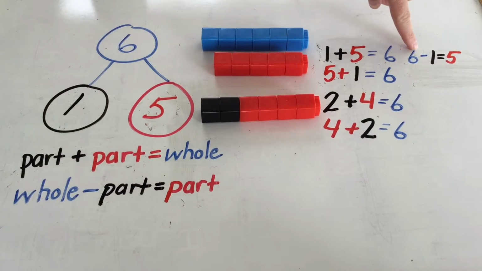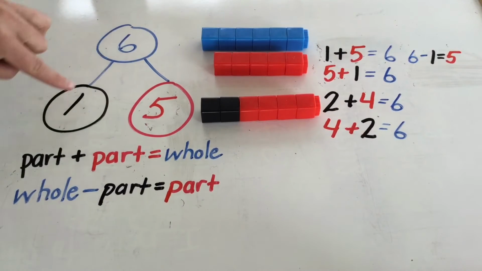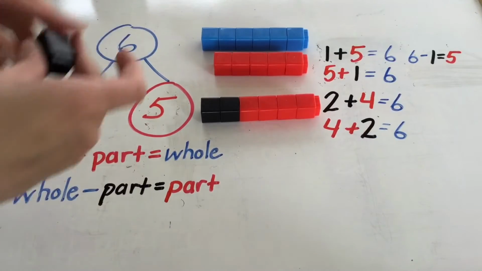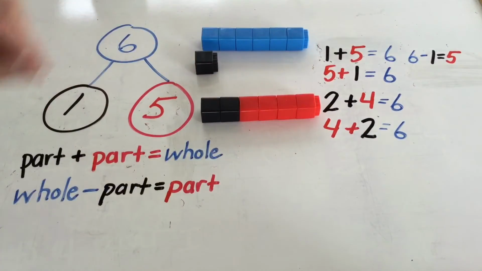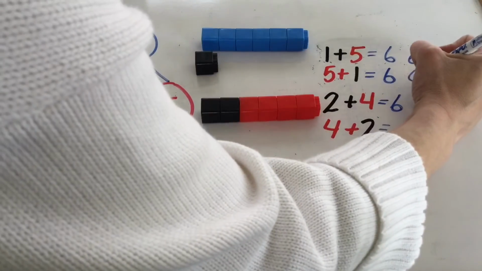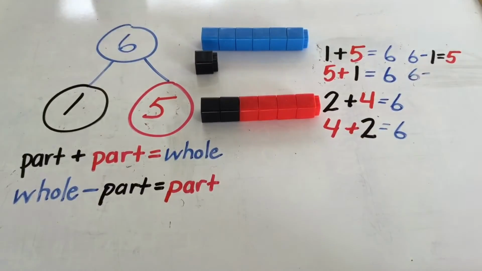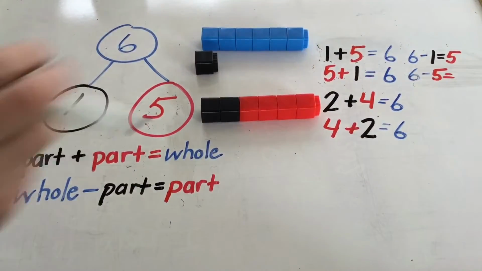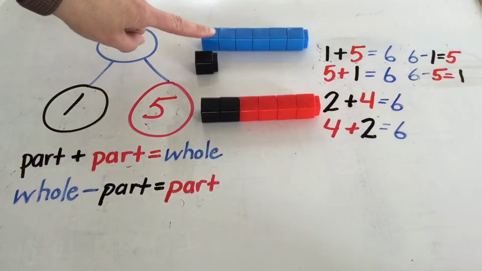So 6 minus 1 equals 5, or whole minus part equals part. So now I'm going to write out 6 minus 5, still staying with the whole minus part, equals the black part, which is 1.